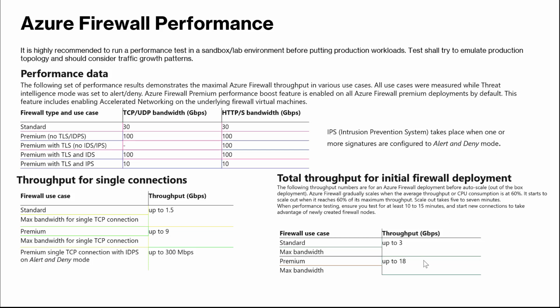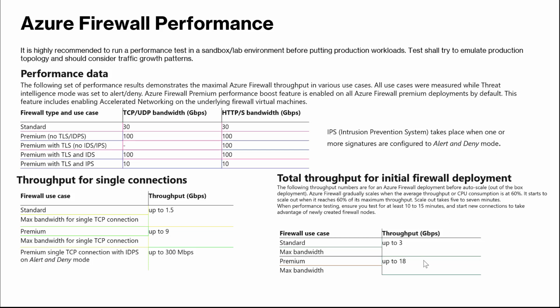As I mentioned earlier, premium with TLS and IDS is 100 Gbps, and premium with only IPS, right? So the intrusion prevention system only takes place when, as you will see in the lab, we configure the signatures on the IDPS tab, right? Unless you do that, or alert and deny mode. If you keep it only alert, then it will not kick in.